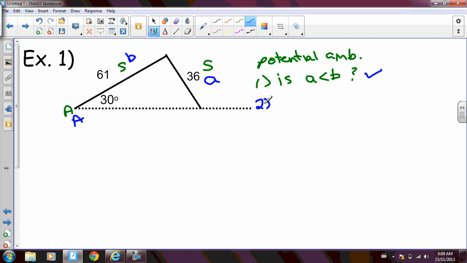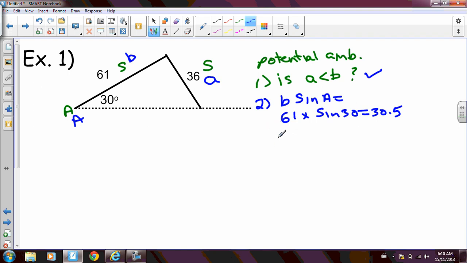And so then basically I'm going to look at what is B sine A. What does that, again, mathematically work out to be? And as we already said, B is 61 times sine of 30, and that will give me 30.5. You can punch that in, obviously, if you're not sure.